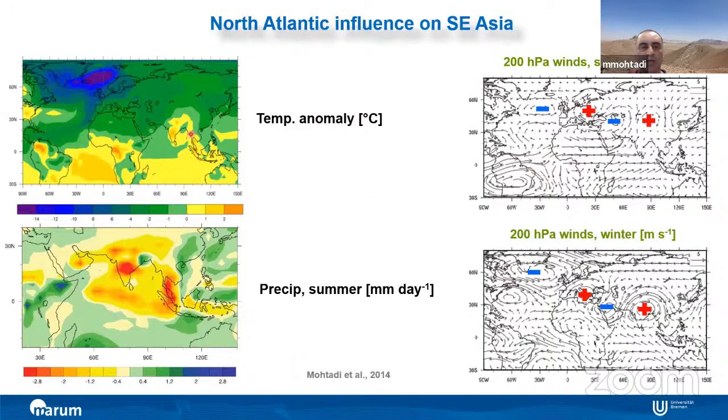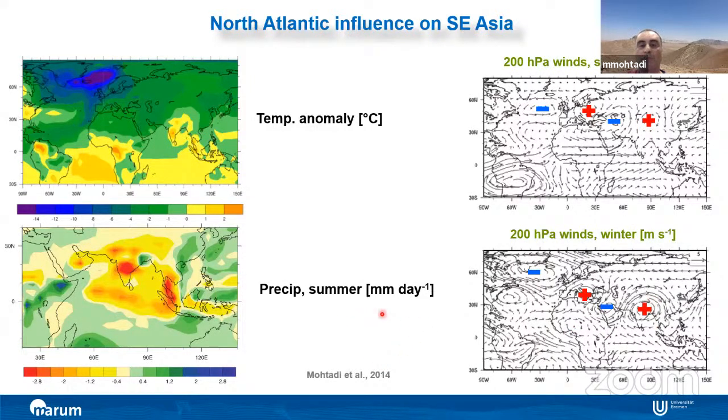This is what we showed, that basically the seesaw pattern during the Heinrich, when the northern hemisphere cools and the southern hemisphere warms, and basically the whole monsoonal region in South Asia and west of the maritime continent experienced drier conditions during the boreal summer, which were related back then to a Rossby wave-like teleconnection, creating a clockwise circulation over the Indian subcontinent, creating atmospheric descent and drier conditions there.